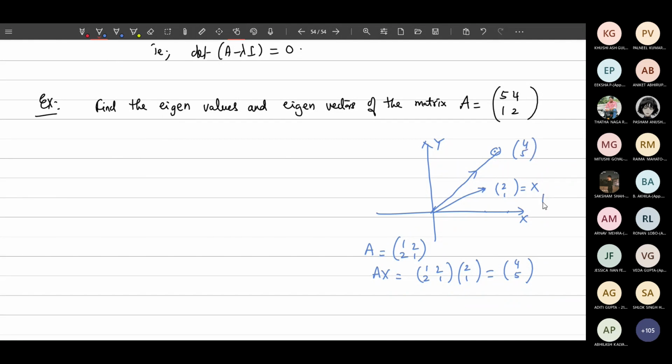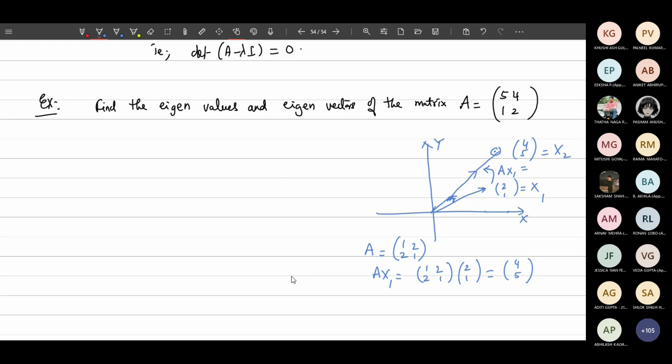So if I call this x1, then it is transformed to x2. From here to here it is transformed. By multiplication with this matrix A, that means A into x1 gives you some x2. So when you are in 2 dimensions, and you want to transform a vector to another vector in the same dimension, you need to multiply that vector with a given n cross n matrix.